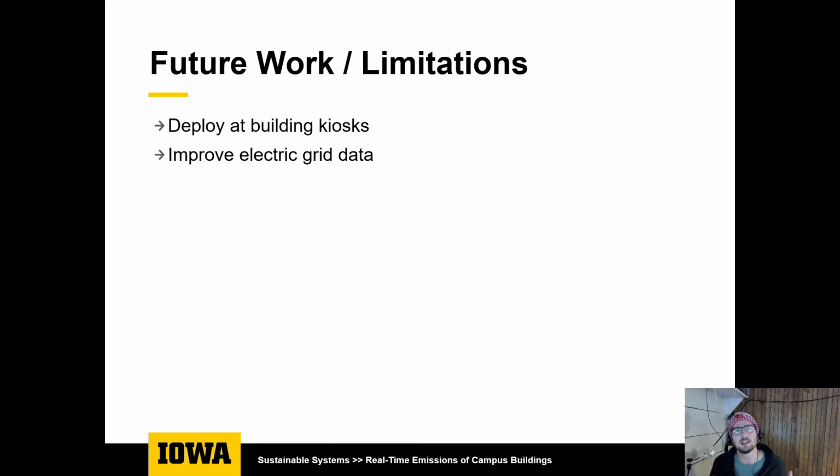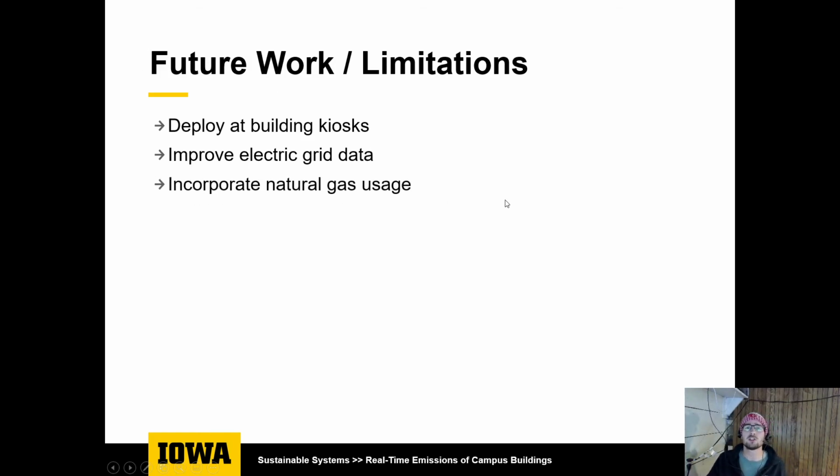We're limited in the amount of publicly available data for grid emissions when you compare it to what we have for our power plant. For our power plant, we have very detailed data, and we can be pretty confident in our value for carbon emissions. But for electric grid data, it's just not the same. So if we could improve that data somehow, that'd be great.